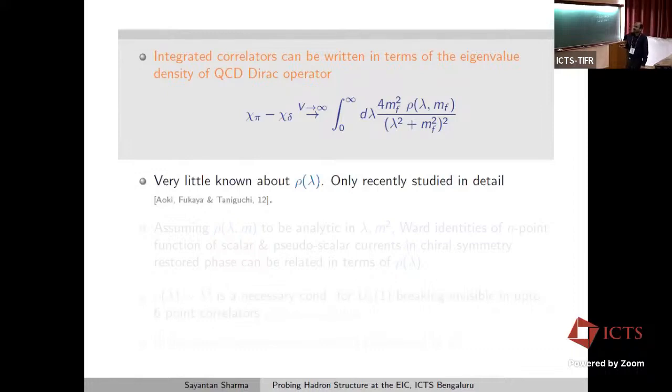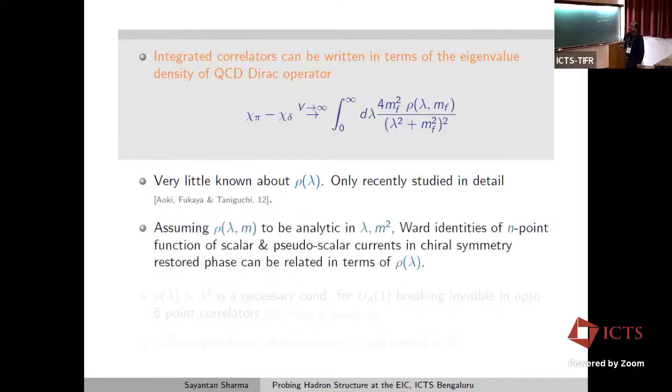So to understand what happens to this hadronic correlator or the difference of these hadronic correlators, one has to know the properties of this eigenvalue density of the Dirac operator. And there have been very few studies on it, especially in the finite temperature context, which has been studied only recently in this paper.